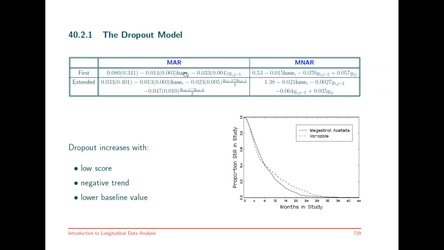A standard missing at random dropout model would allow you to correct for covariates, for example, the baseline value and the previous value. Missing not at random would not only use the previous value, but also the current value. And for that, we need some dedicated integration and stuff like that.